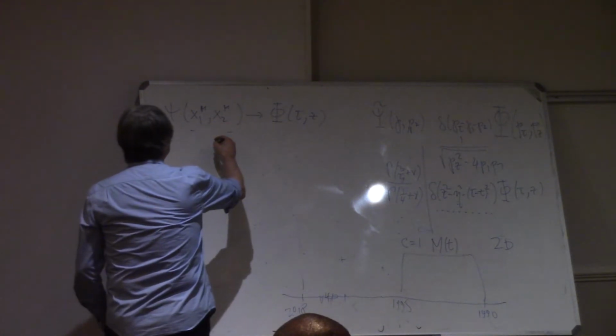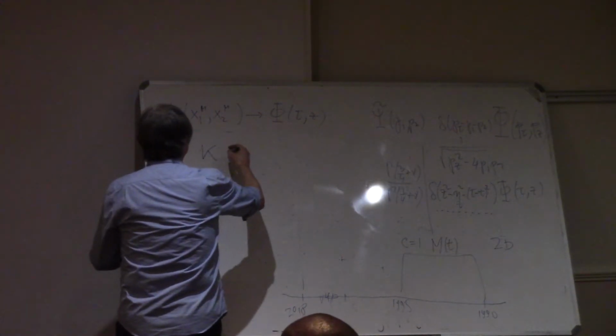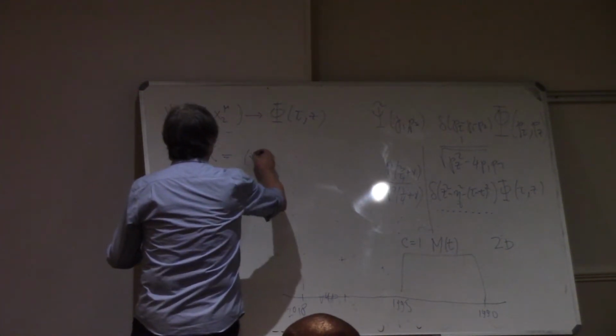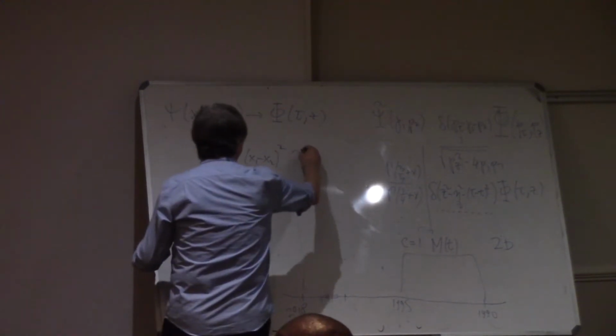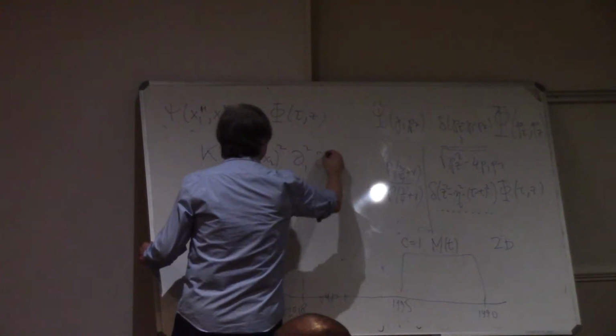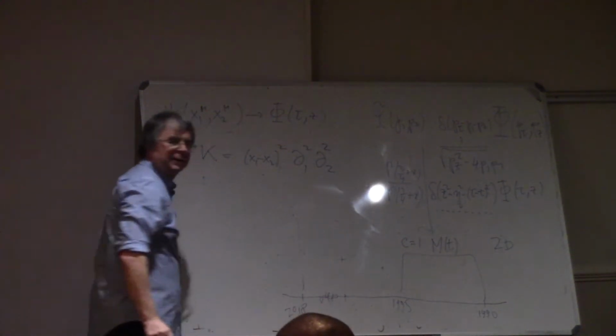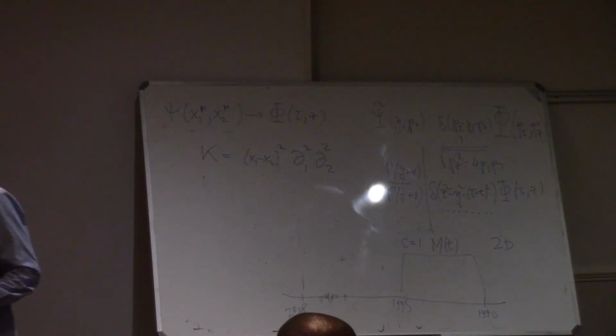That K has the following form: (x1 minus x2) squared, d1 squared, d2 squared. That is the Laplacian for the 3D case, for the simplest case of a free theory.